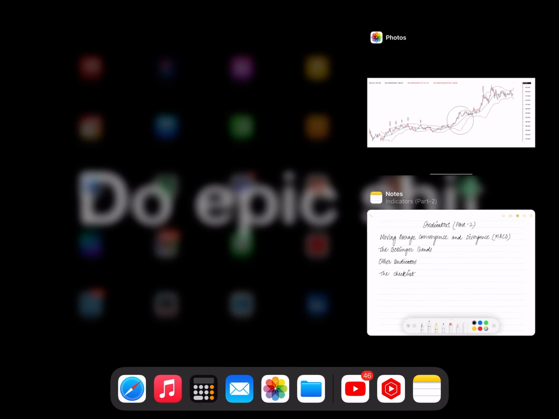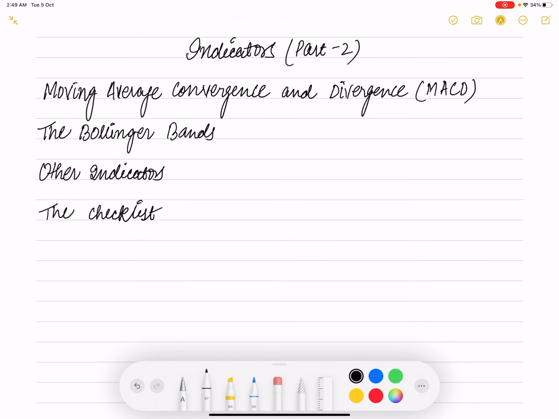Now, coming to the third topic, other indicators. There are numerous other technical indicators, and the list is endless. The question is, should we know all these indicators to be a successful trader? The answer is simply no. Technical indicators are good to know, but they by no means should be your main tool of analysis.